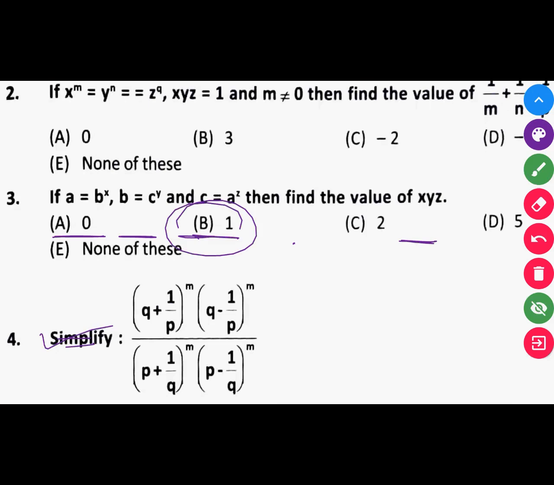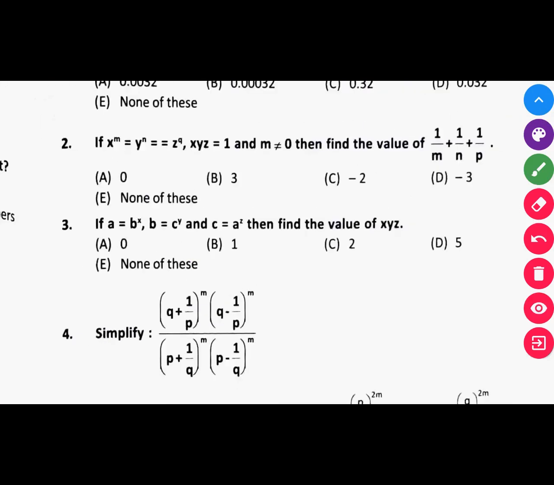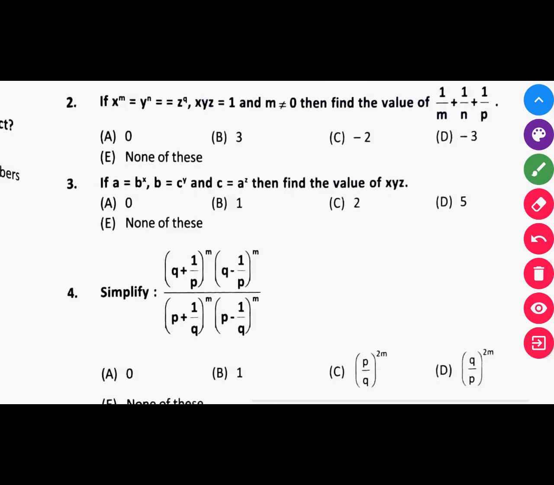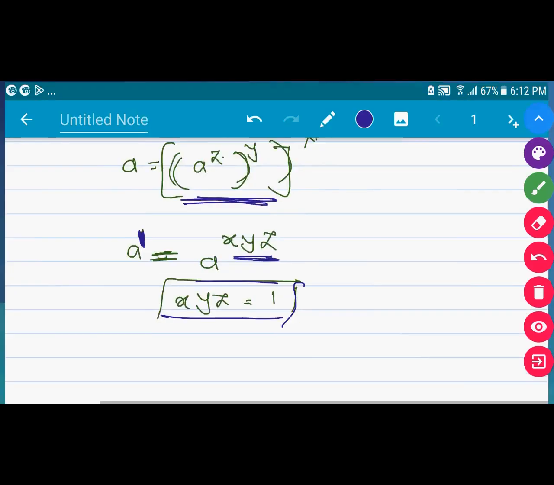Okay. Now one more example I will take and then we'll stop here. The next one is (q plus 1 upon p) raised to m into (q minus 1 upon p) raised to m, divided by the whole thing again.